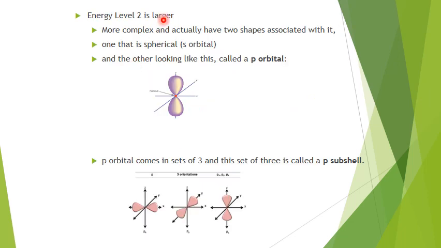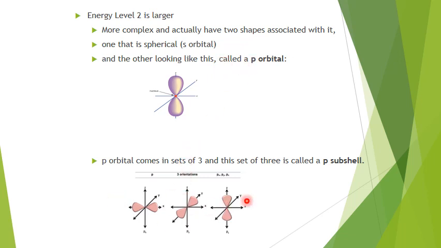Okay, energy level 2 is bigger. It can hold 8 electrons. Since it's bigger, it can be more complex, and it's actually going to have 2 kinds of shapes. It can have an s, a sphere shape, and it can have this thing that kind of looks like a dumbbell, and we call it a p orbital.